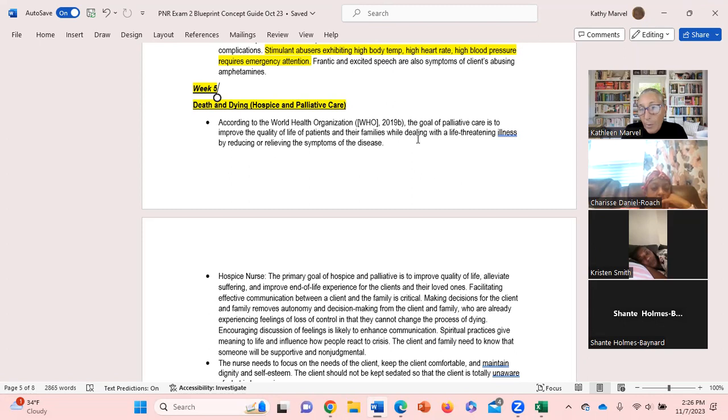Although our client is the most important, we have to consider the needs of the family as well. Advocating for our patient if they need more pain meds, not concerned about addiction. We're concerned about keeping them comfortable. But we don't want them so sedated they don't know what's going on either.